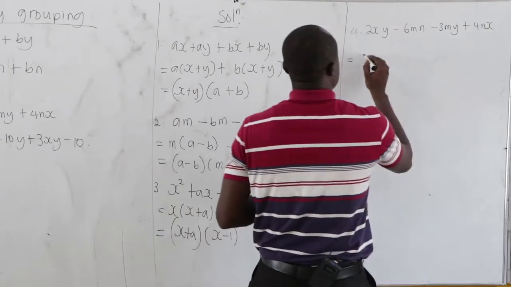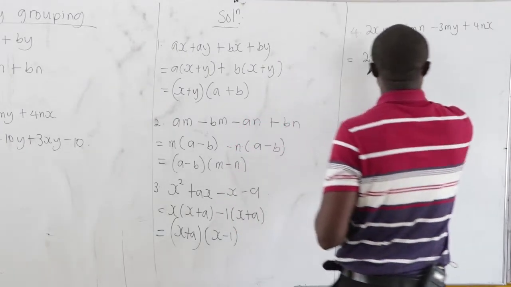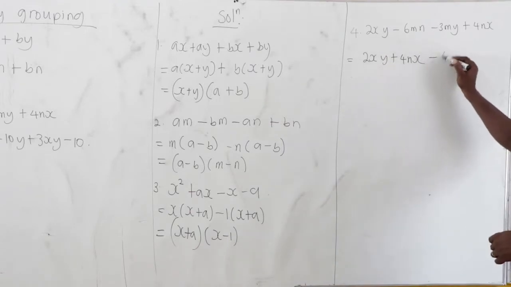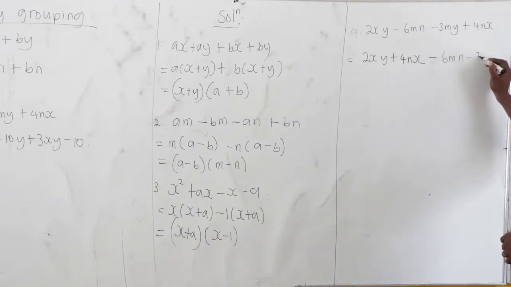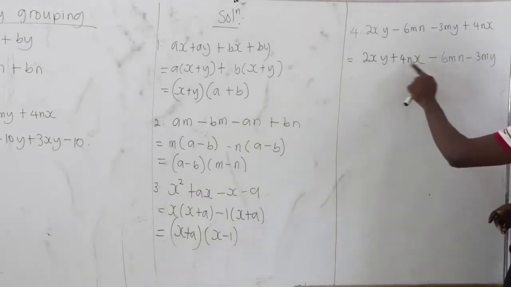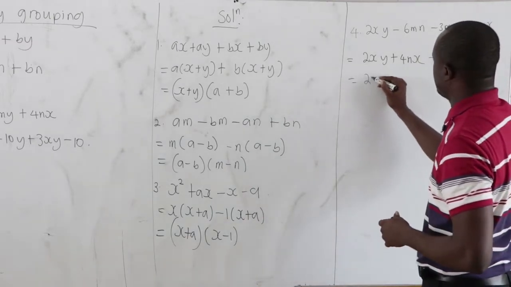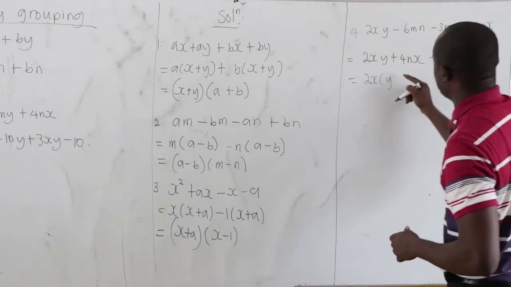So here we have 2xy plus 4nx, and then I have minus 6mn minus 3my. Now what can I see? x is common, 2 is a factor here, 2 is also a factor here. So I can have 2x out and I have y.